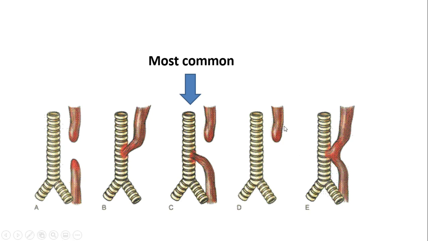The other one is only atretic esophageal cord without fistula, and here a common fistula, tracheoesophageal fistula without atresia. The most common one is type C, upper esophageal atresia with lower tracheoesophageal fistula.